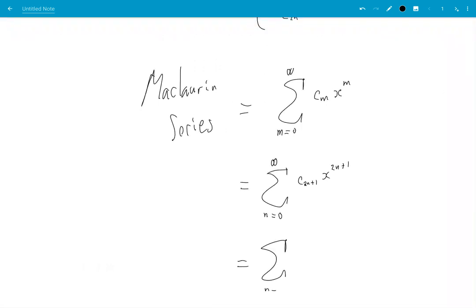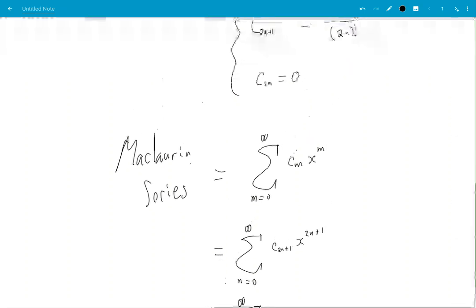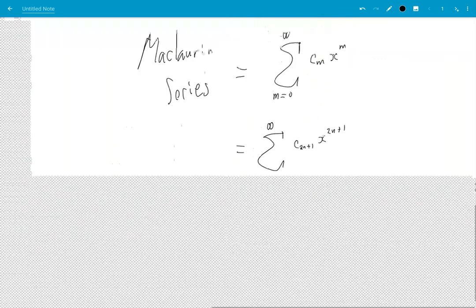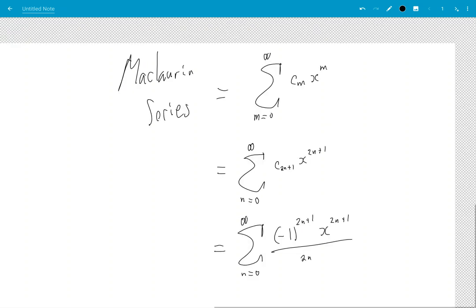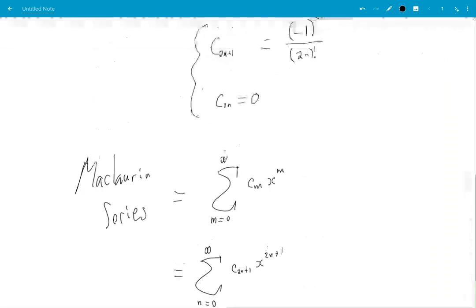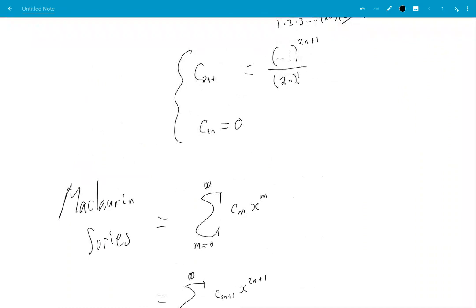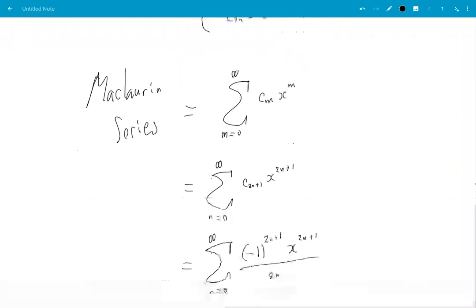And what did I get? N equals 0 to infinity. What was my coefficient? It was 1 over, no, -1 to the 2n plus 1 x to the 2n plus 1 all over 2n factorial.